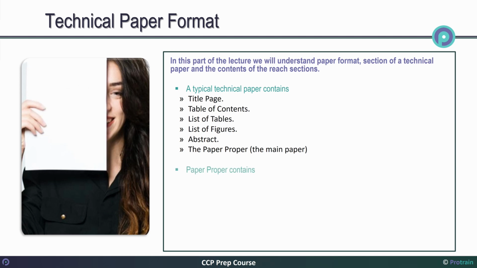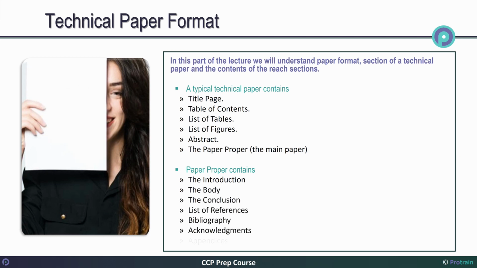The paper proper contains the introduction, the body, the conclusion, list of references, bibliography, acknowledgements, and appendices. Some of the elements discussed here are required for the paper to be acceptable.